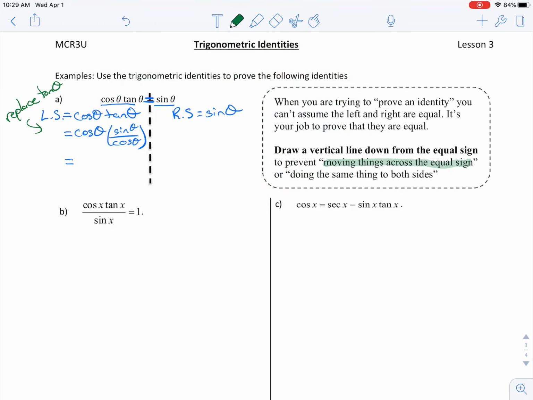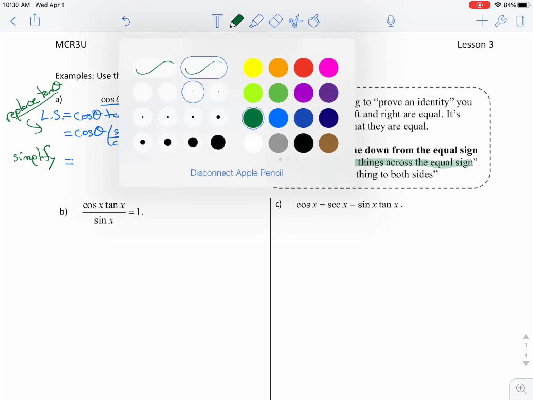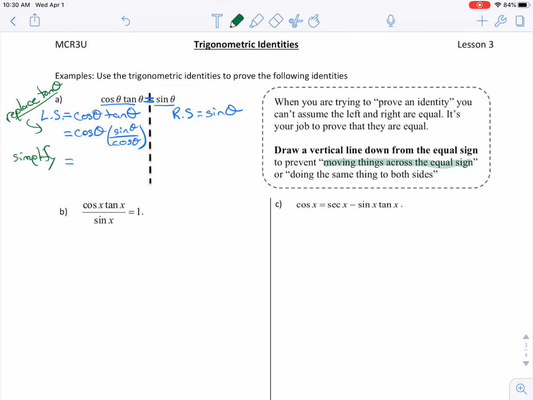This one is a very simple example, but generally after you replace something, you want to simplify if you can. In this case, I have cos theta over 1 times sine over cos. It's really cos divided by cos, so those can go away. I'm left with just sine theta.